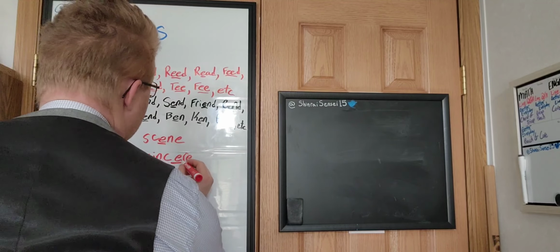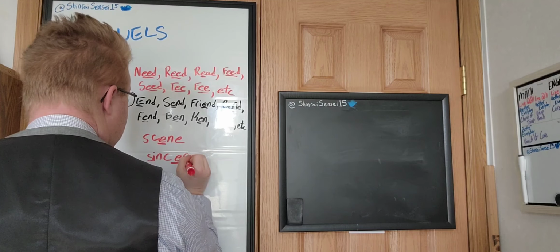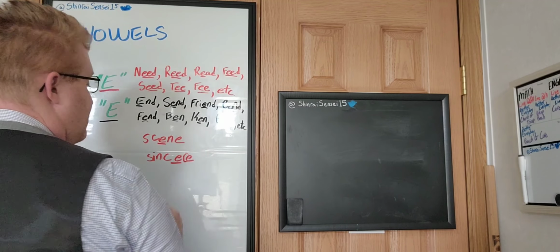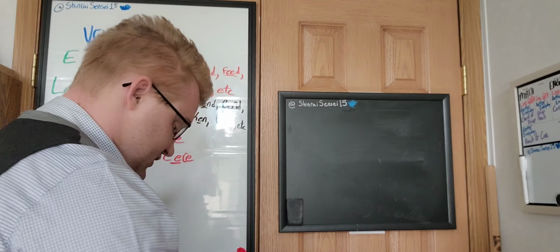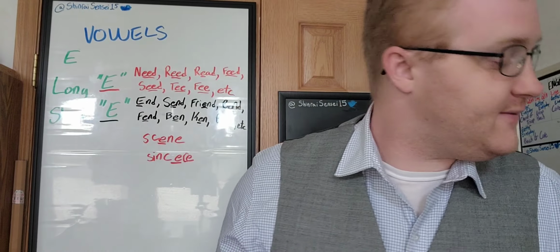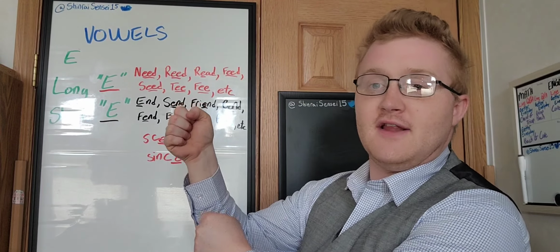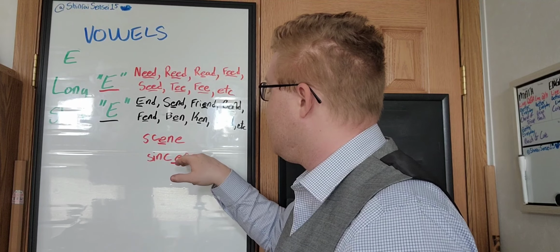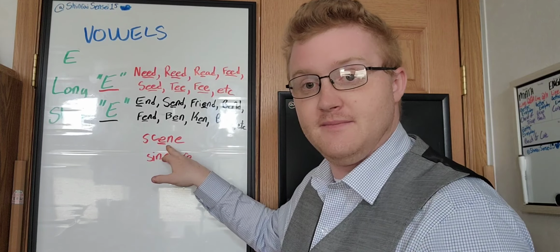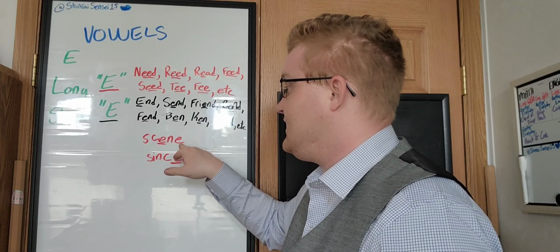Think of it as this E is holding this letter back from making that E short, right? So E's a very good friend because E is going to pull that other letter back so that whatever vowel is before this consonant, the E makes sound long.